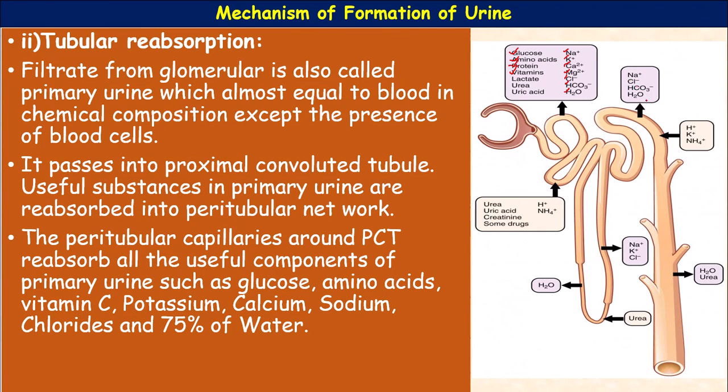Large amounts of water and small amounts of bicarbonate are also reabsorbed, making the nephric filtrate isotonic, meaning the same concentration. This isotonic fluid enters the collecting tubule, where it becomes more concentrated due to further reabsorption of water.